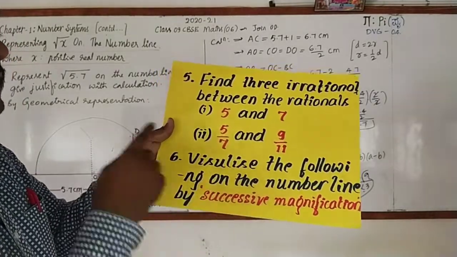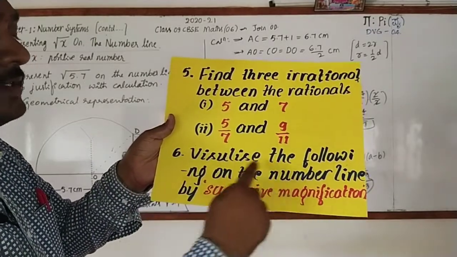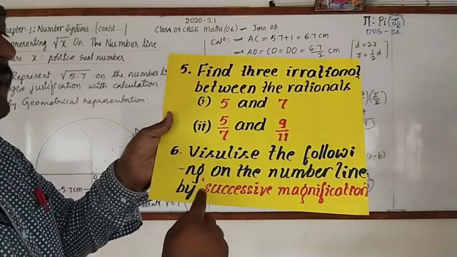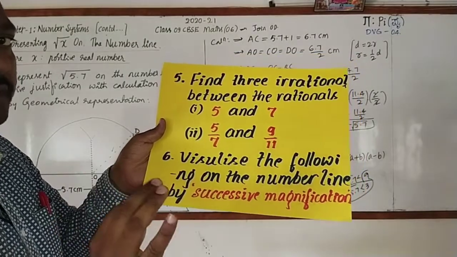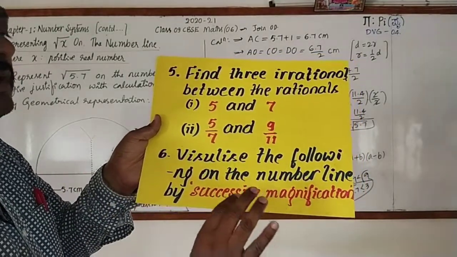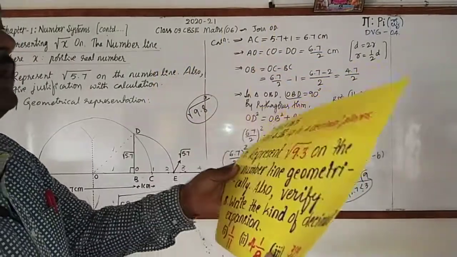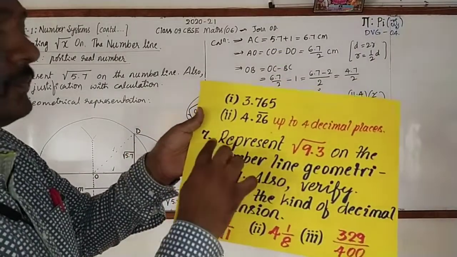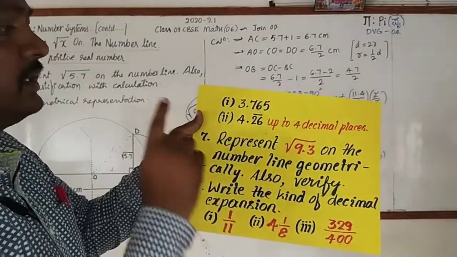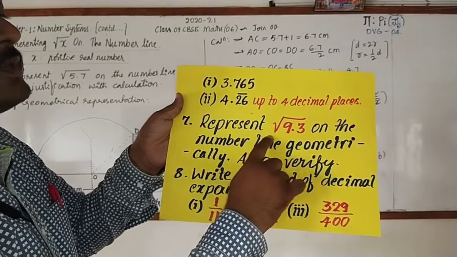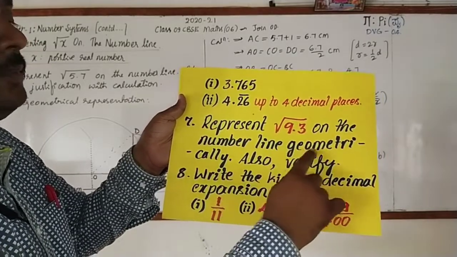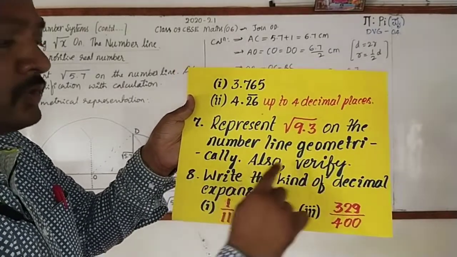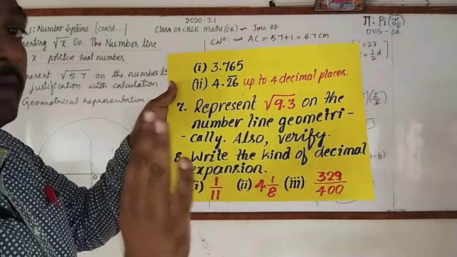Next, today we have learned that visualize the following on the number line by using successive magnification. Chances may give or may not give. And another one, seventh one is, as I said, it is very important, represent square root of 9.3 on the number line geometrically. Also verify, got it?